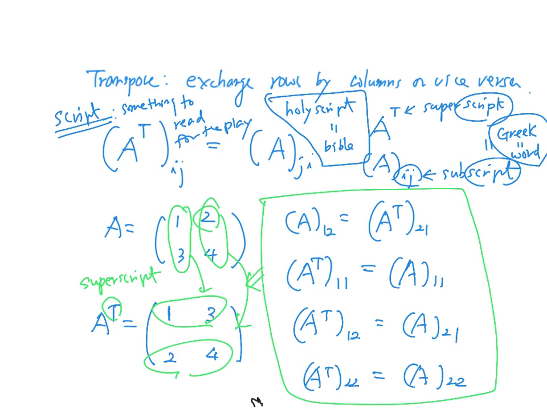So you learned different English words today as well, right? Script, superscript, subscript. Super is from Latin, from upper. Sub is from lower. Sub can be used in front of a word, and a typical word is subway.